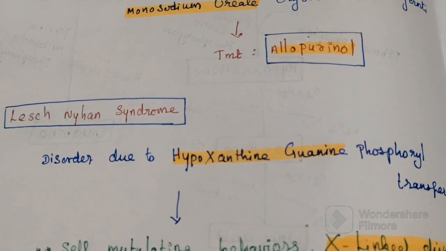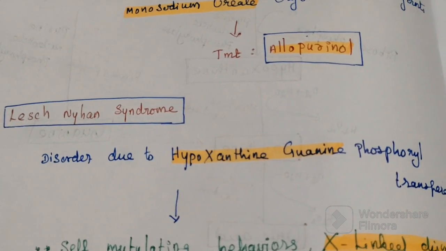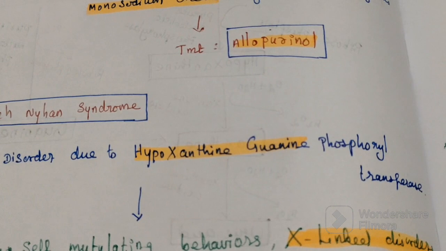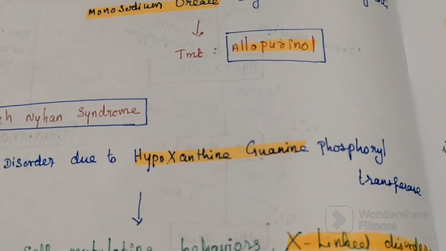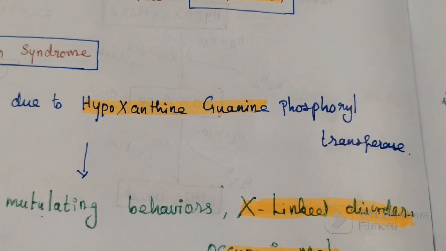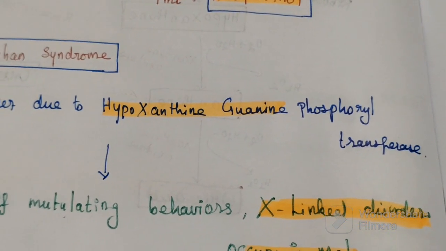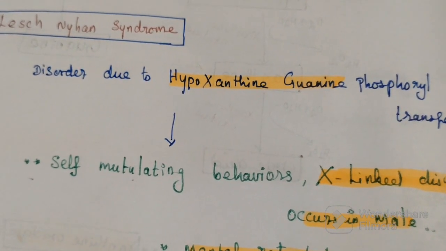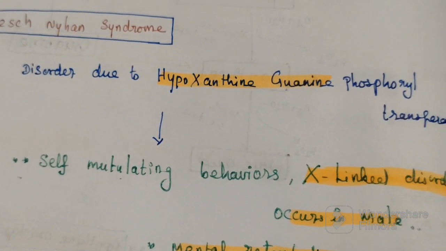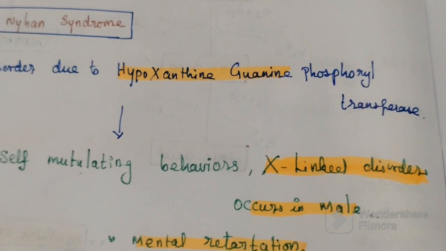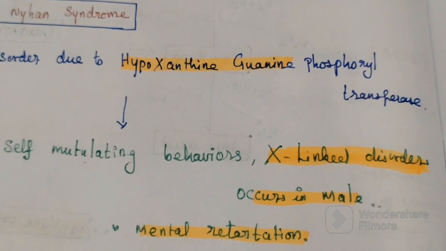This disorder is due to deficiency of the enzyme hypoxanthine guanine phosphoribosyl transferase. It is typically characterized by self-mutilating behaviors, and it's an X-linked disorder that typically occurs in males.